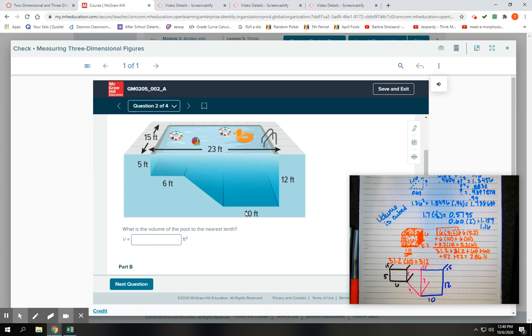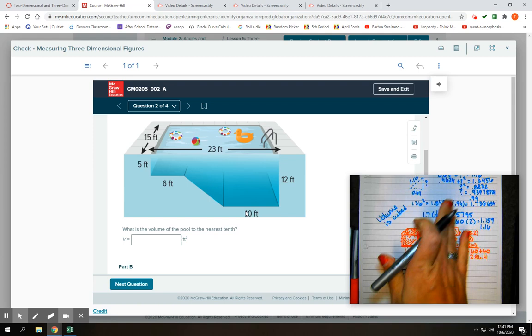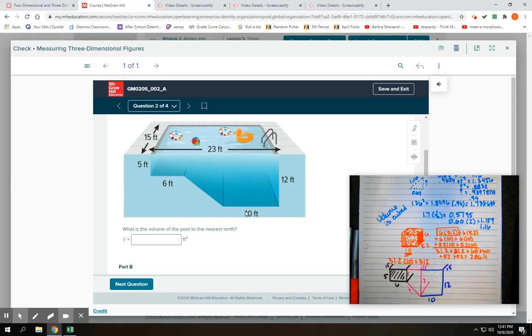So let's go ahead and do the black one and the blue one first. We're going to go 5 times 6 to get this here, and then multiply the whole thing by 15. So 5 times 6 is 30, and 30 times 15 is 450. So this first section here where the circle floaty is, the volume of that is 450 cubic feet.